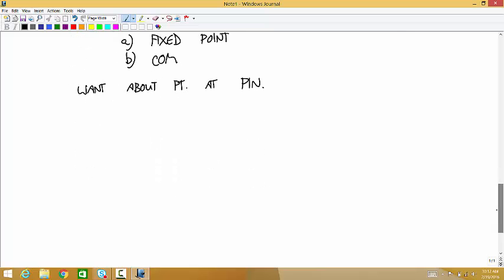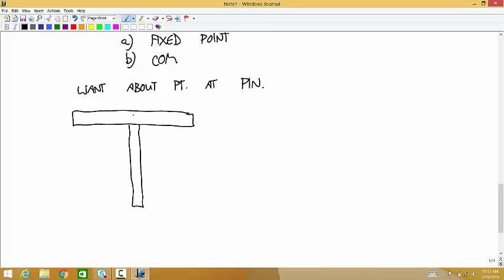Okay, so let's break this shape up into the top and the bottom piece.